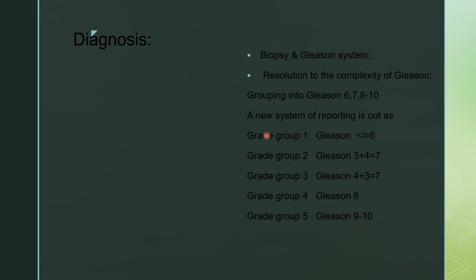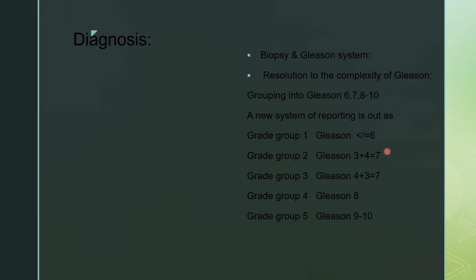Then, grade group 1 of prostatic cancer will be Gleason less than or equal to 6. So anything Gleason grade 1, 2, 3, 4, and 5, when you sum everything together, up to 6 is grade group 1, prostatic carcinoma. Grade group 2 will be Gleason 3 plus 4, which is equal to 7.